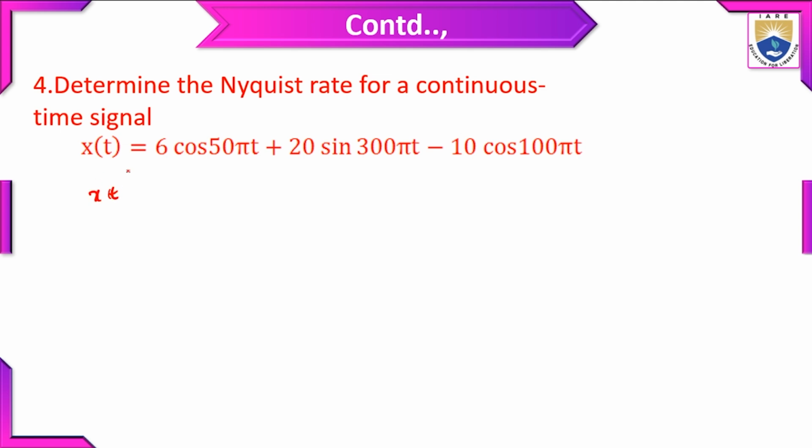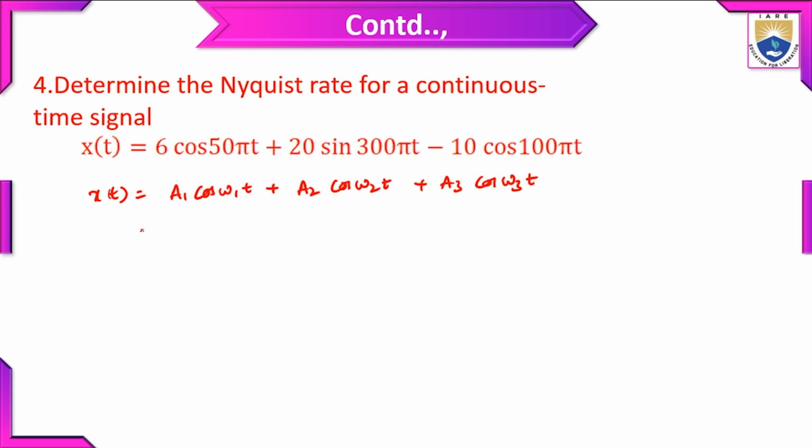So x of t is equal to a1 cos omega 1 t plus a2 cos omega 2 t plus a3 cos omega 3 t. The given equation is in the form of this mathematical expression, so we compare the given one with the reference one.